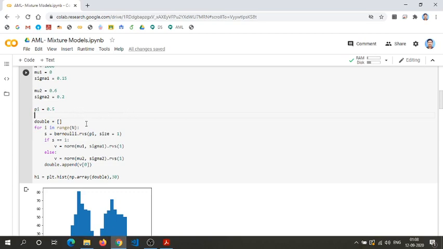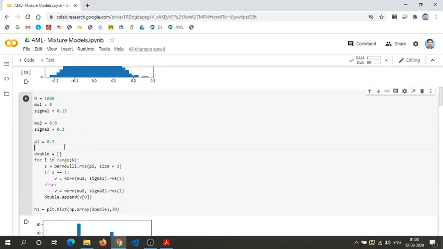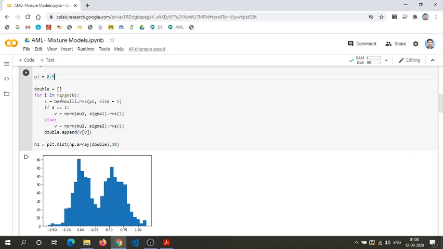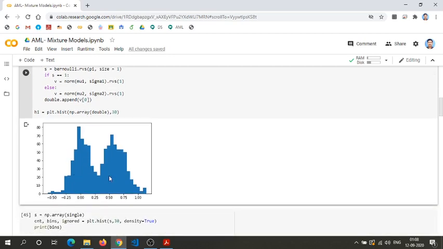Right now what we have seen was the opposite, the generative process. We know pi and theta, mu1 sigma 1 and mu2 sigma 2, and we were able to generate the data. Now, what if we have this data and we would like to do it the opposite way?